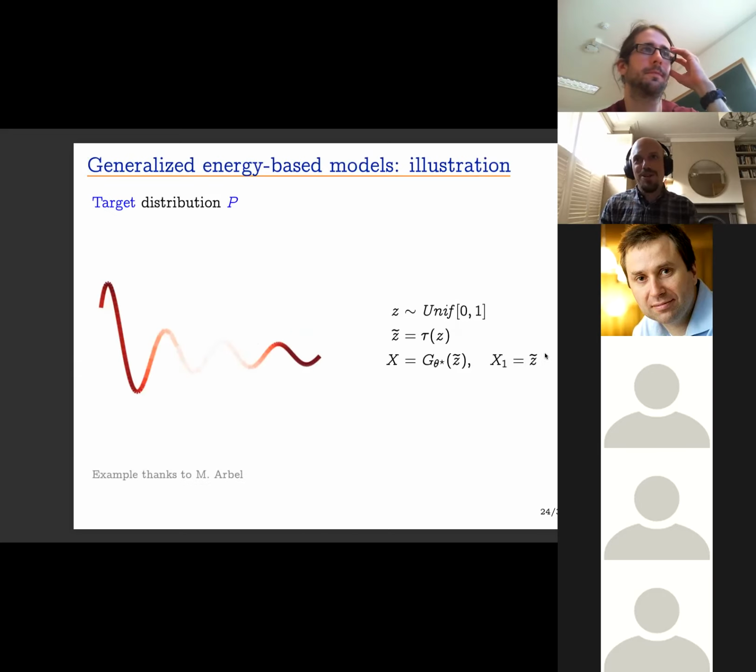Okay, so let's now look at a toy example, which is the simplest instance that we could think of of a problem setting which demonstrates all of the properties of this GAN. Our goal here is to create a target distribution P, which has the following form.